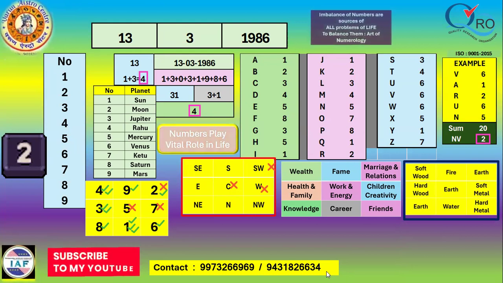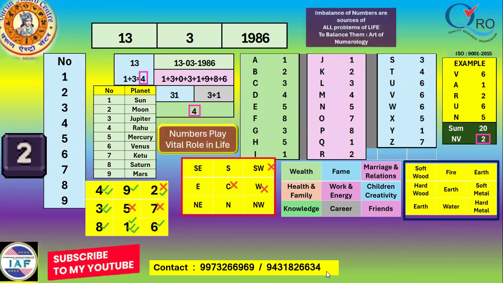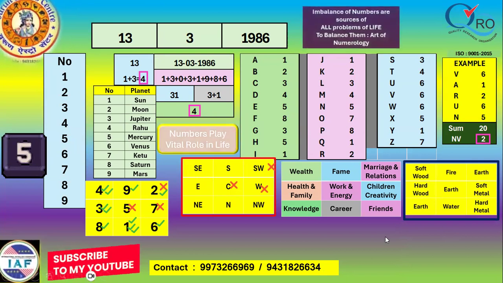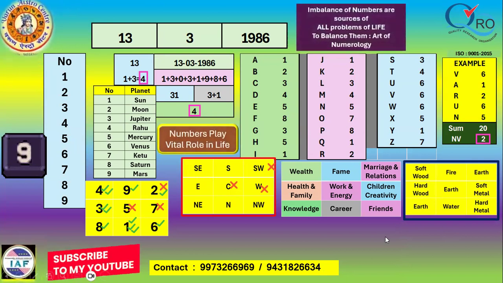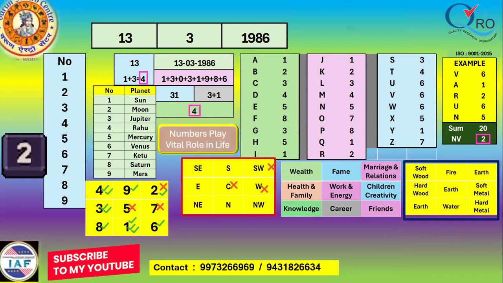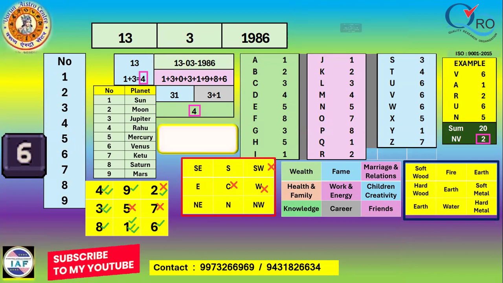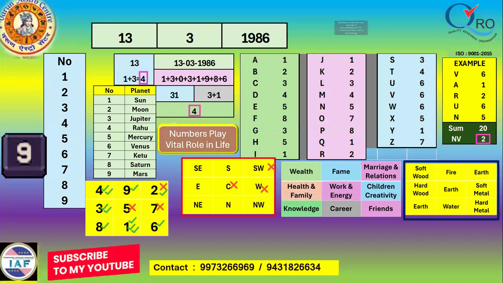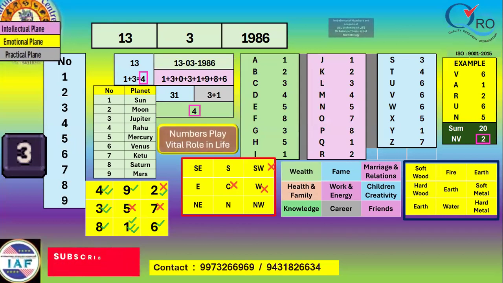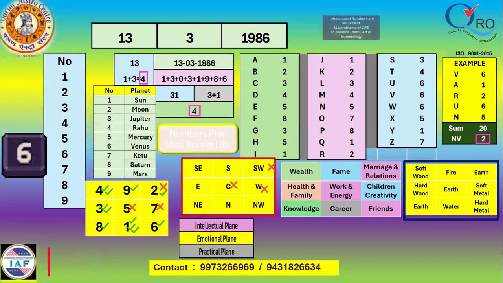Remedial measures can be done for the missing numbers by using those metals and elements. And now I will show you the planes.